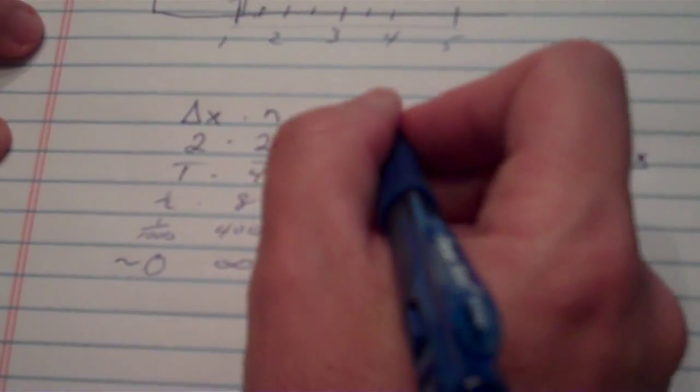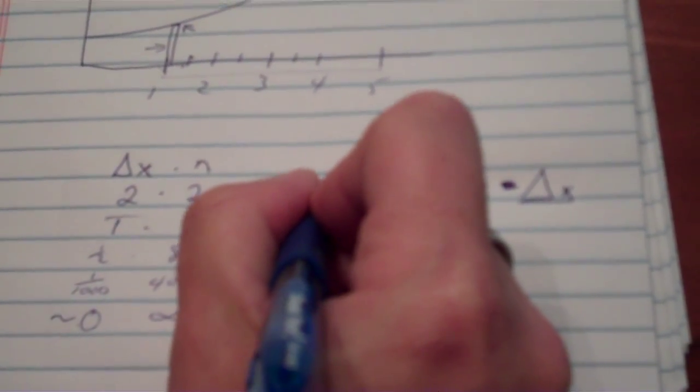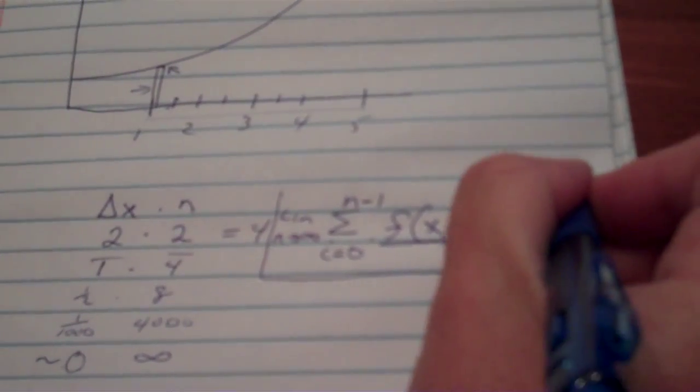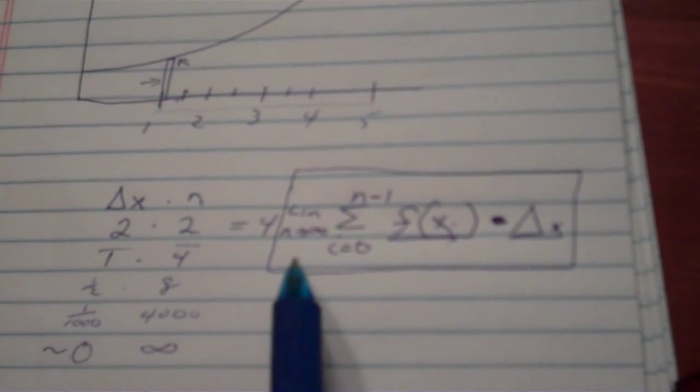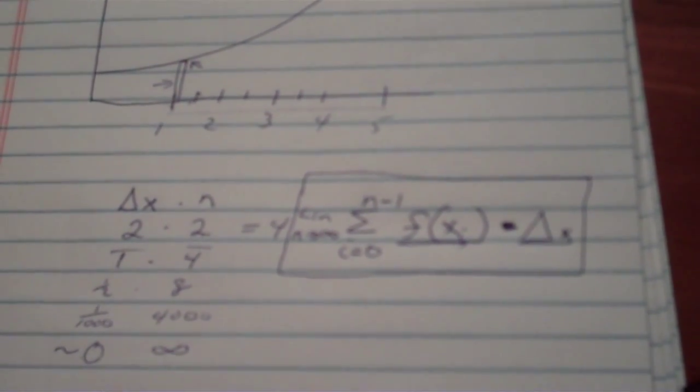So you literally think of this as the limit as n goes to infinity. And this would be your left Riemann sum by definition, or what I called the left sum, or in our cases, that was always the lower estimate.